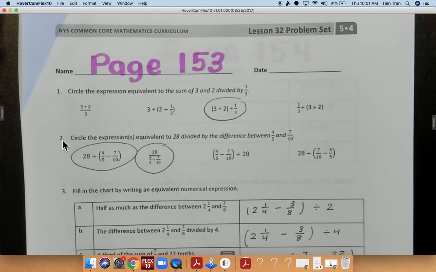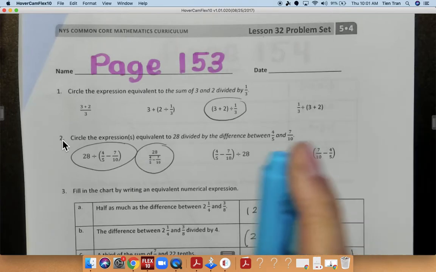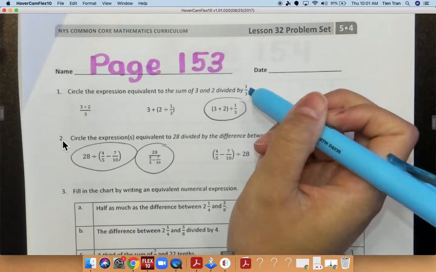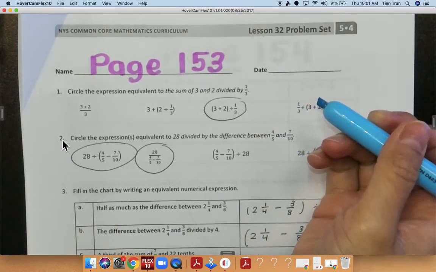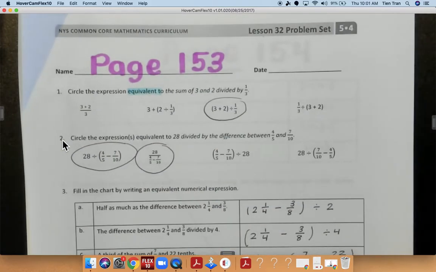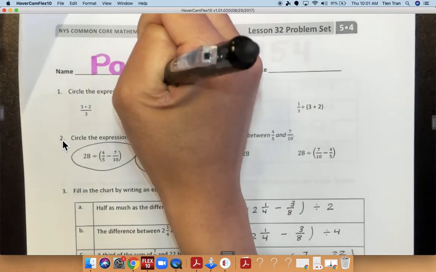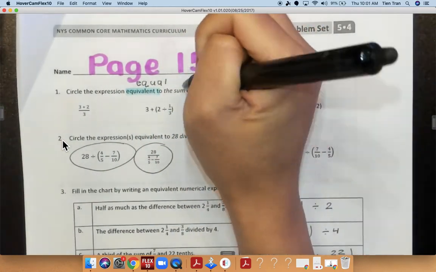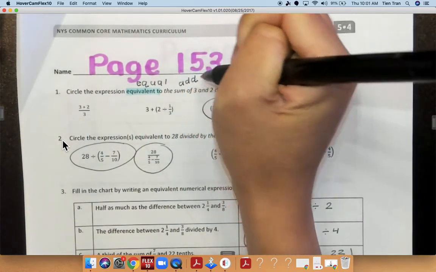So number 1, it says here, circle the expression equivalent to the sum of 3 and 2 divided by 1/3. So they want me to look for something that is equivalent. The word equivalent means equal. So I'm looking for a number that is equal to the sum of 3 and 2. The sum, remember that sum means to add. 3 and 2.